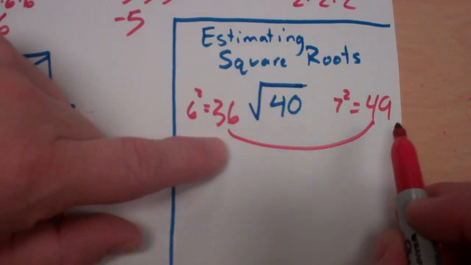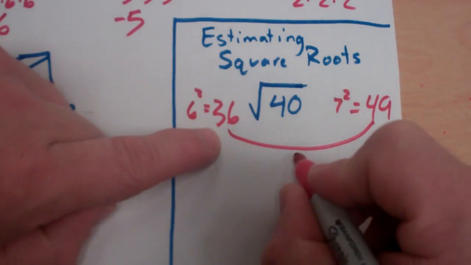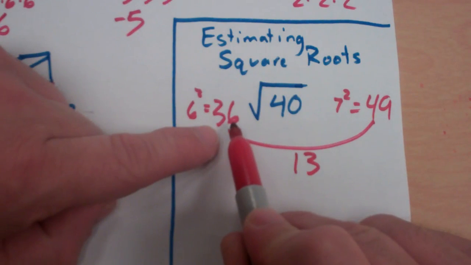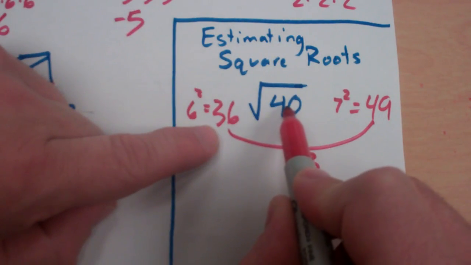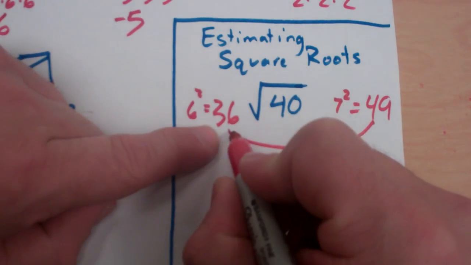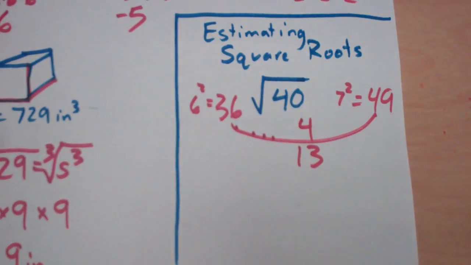I will do a subtraction problem to find out how many numbers there are between 49 and 36. There are 13 when I subtract those. And then I want to find out how far along the continuum from 36 to 49, 40 is. So I would do 40 minus 36. 40 minus 36 means I'm only 4 steps of the way there, so I would be 4/13ths of the way to 49.